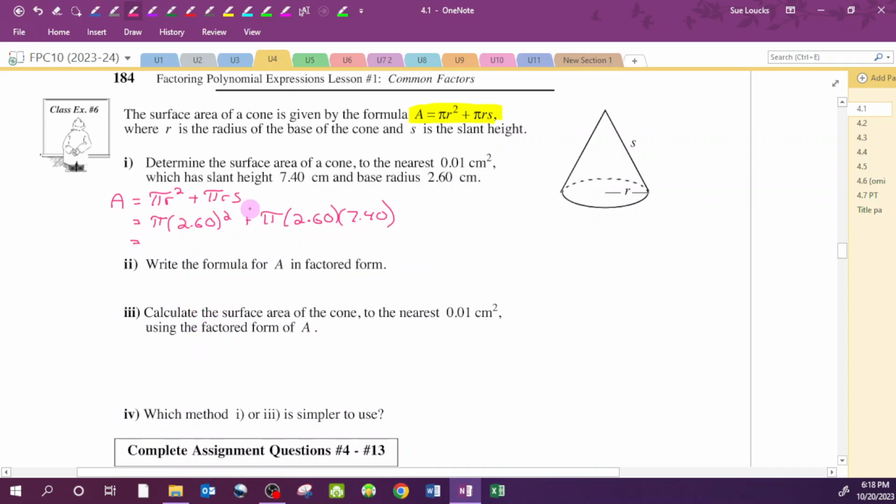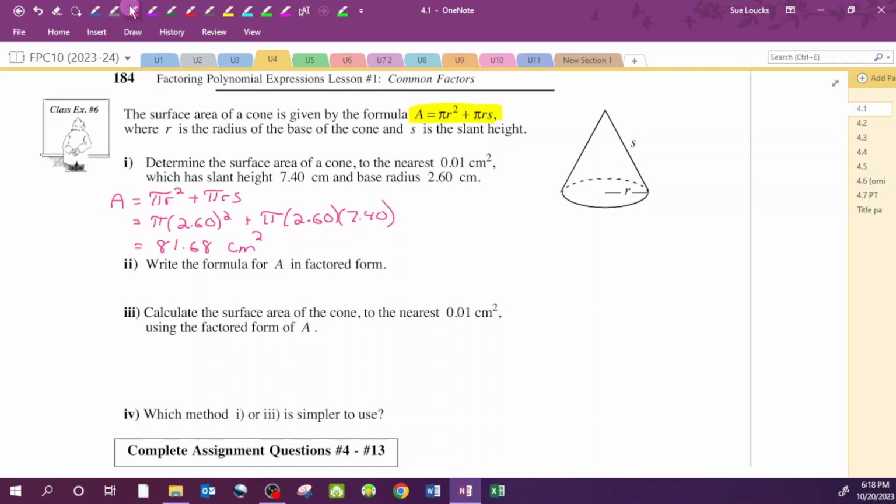Then I punch all that into my calculator and I get 81.68 centimeters squared. Okay, that's just plugging it into your calculator.